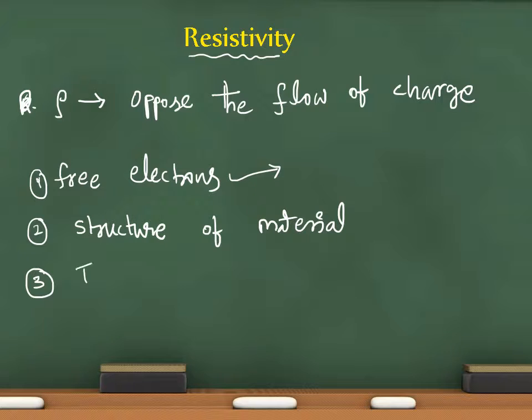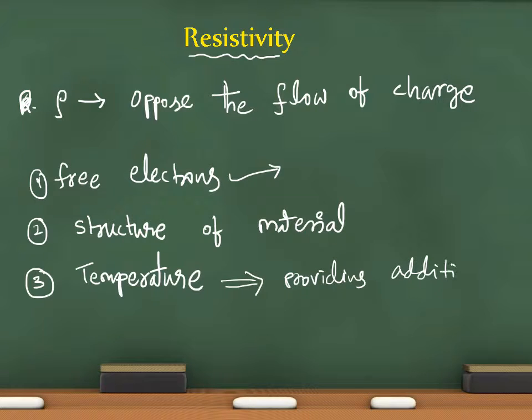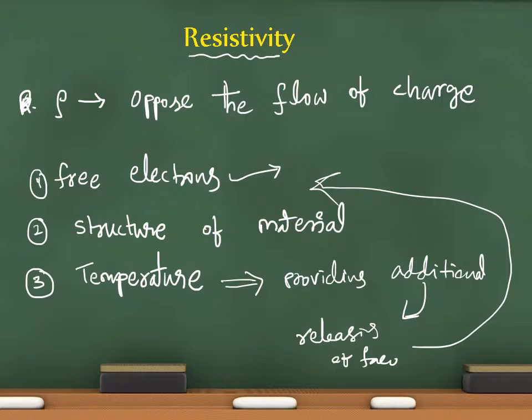Temperature provides additional energy, which may be responsible for releasing free electrons, and that alters the resistivity. So temperature indirectly is responsible for the change in resistivity of the material. One by one we will do.